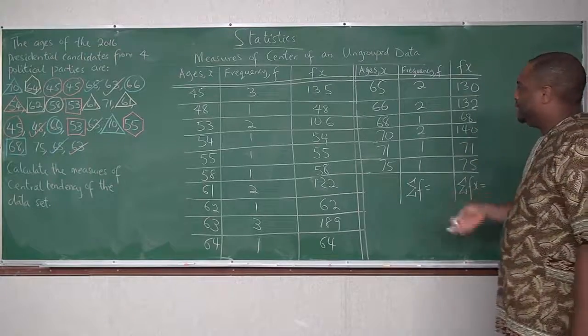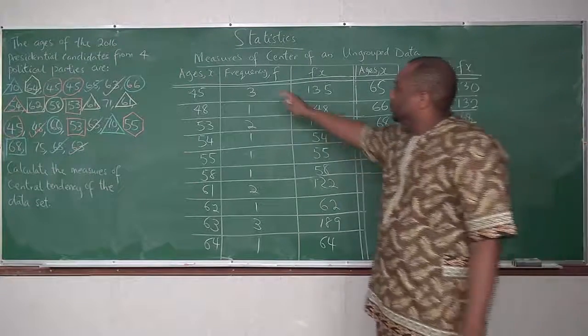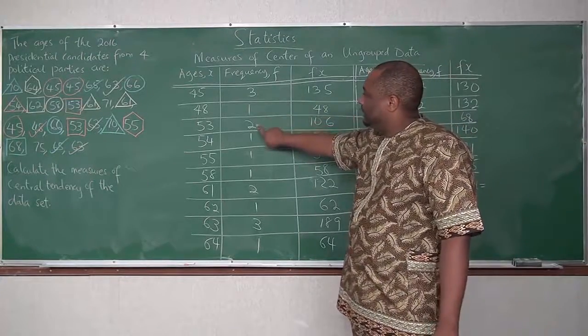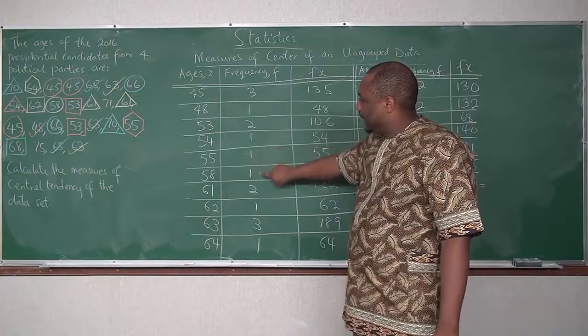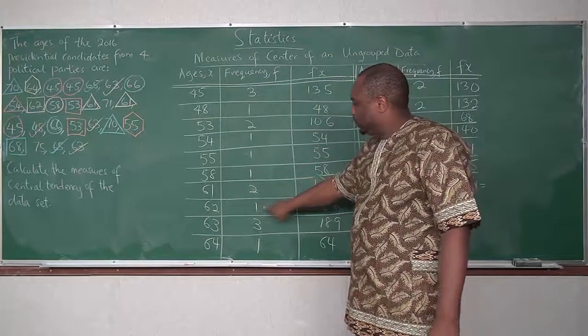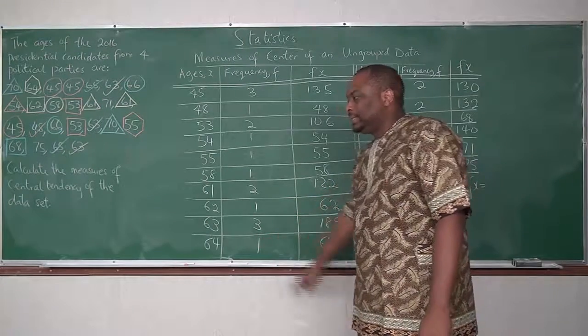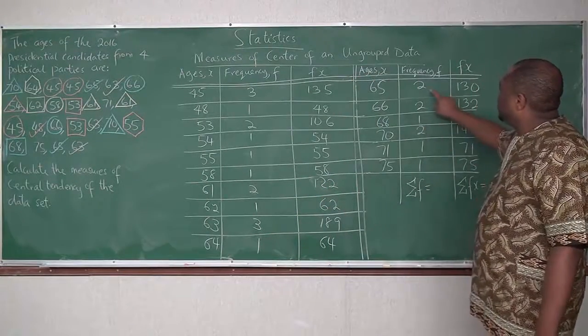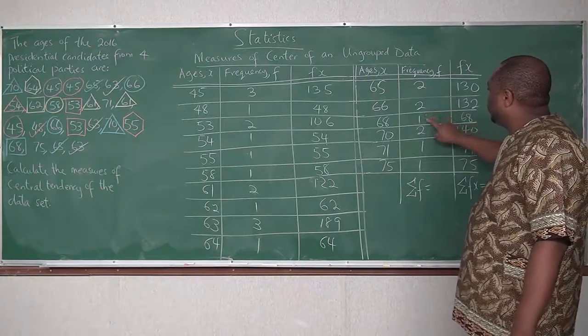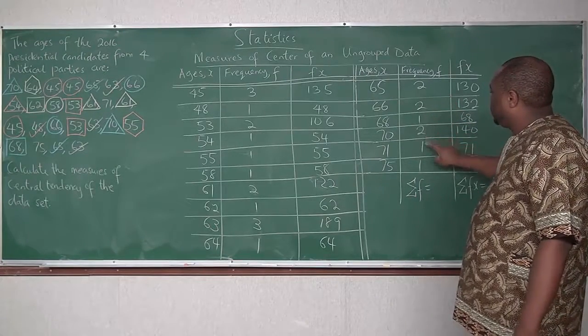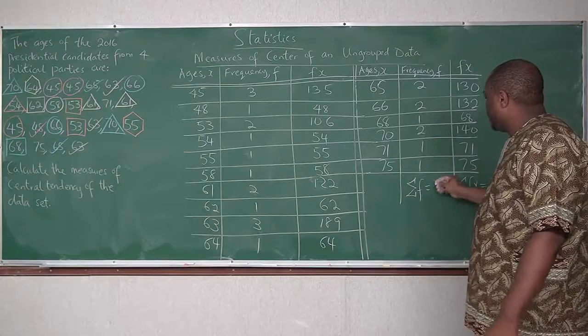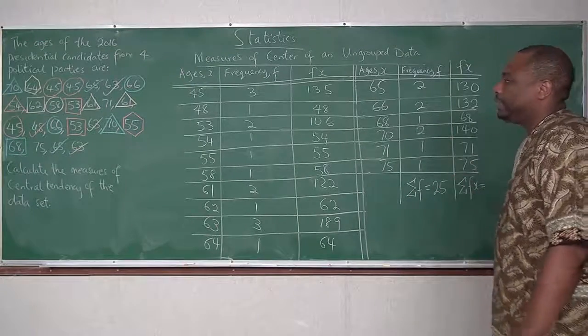But let's add the frequencies first. 3 plus 1 is 4, plus 2 is 6, 7, 8, 9, plus 2 is 11, plus 1 is 12, plus 3 is 15, 16, 18, 20, 21, 23, 24, 25. Okay, this is 25, which is correct.